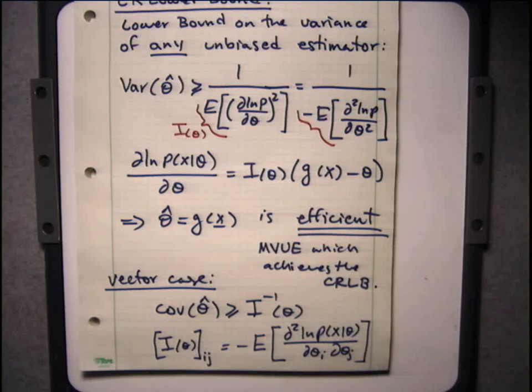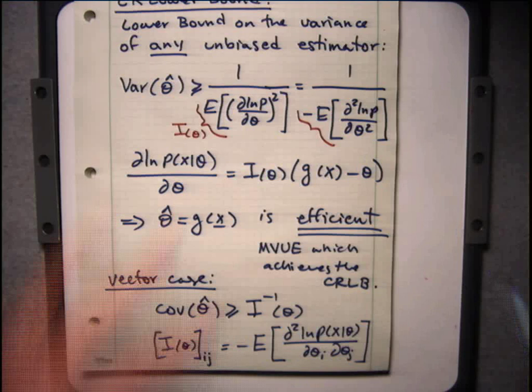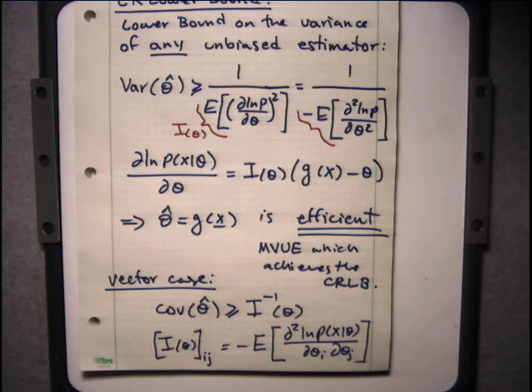Yeah. This achievability of the Cramer-Rao lower bound for the efficient estimator is done with a finite number of data. Yeah, so the Cramer-Rao bound can be calculated for any number of data that you have. Okay?